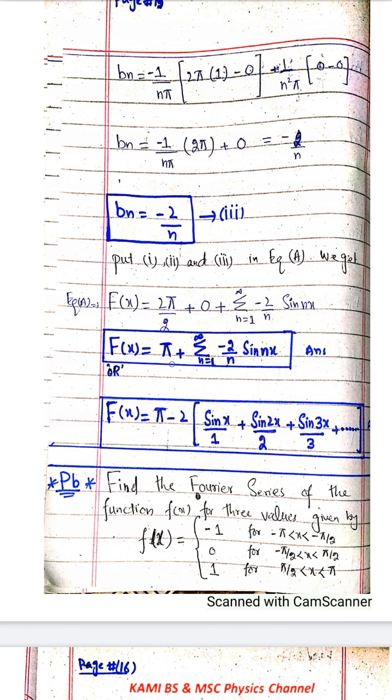So f of x is equal to pi plus summation n equals 1 up to infinity minus 2 divided by n sin nx. This is the required answer.